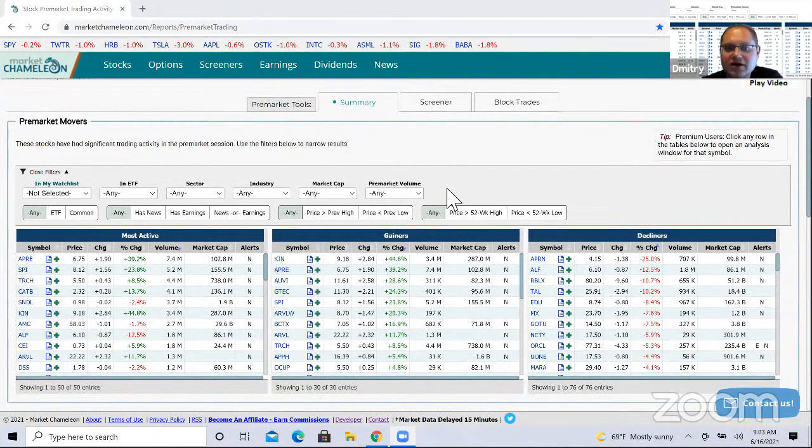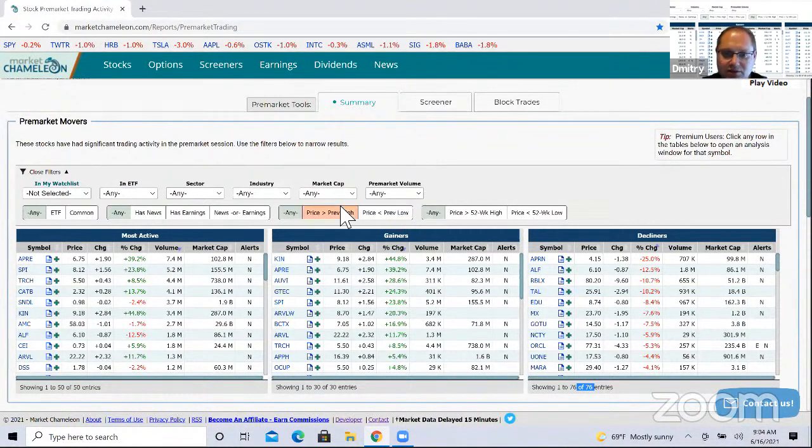Here we're starting out with the pre-market report. We've got today's most active stocks trading in pre-market hours, biggest percentage gainers, biggest percentage decliners. 30 stocks made our percentage gainers list, 76 on the percentage decliners list. From that perspective, it looks like a more bearish bias at the opening.